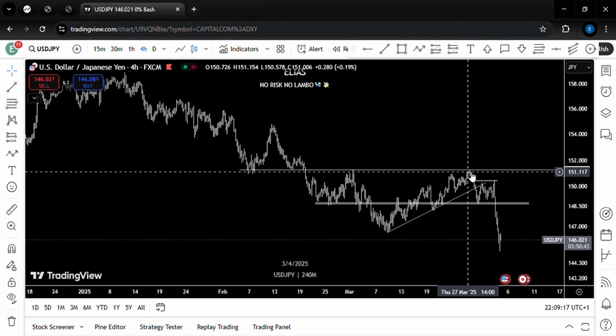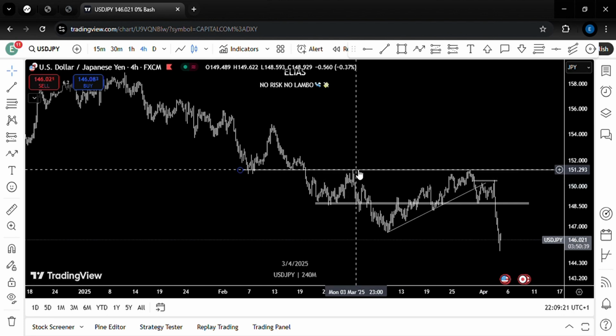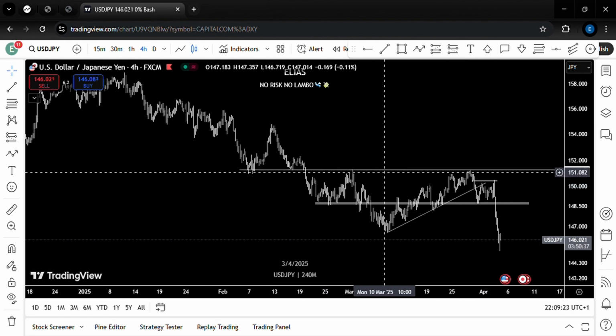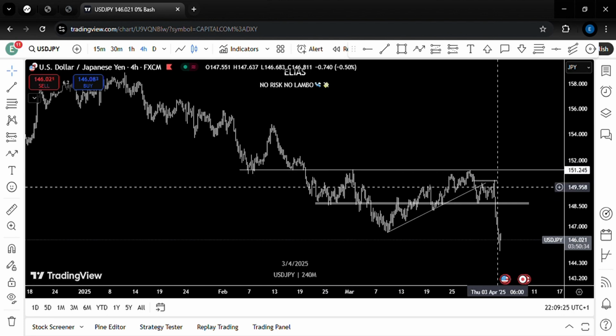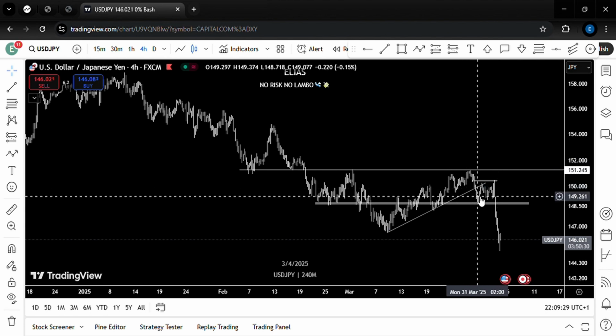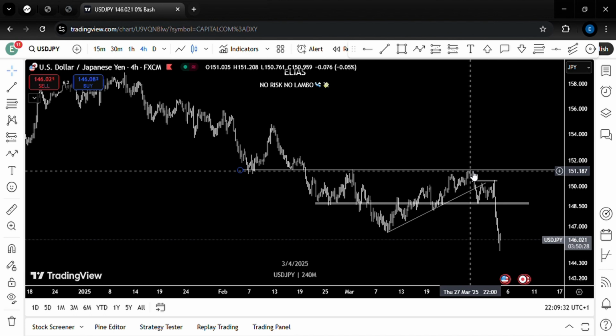Price went to retest this high. Had price broken this horizontal zone, this high, then we may say we've changed direction. But price didn't break it.